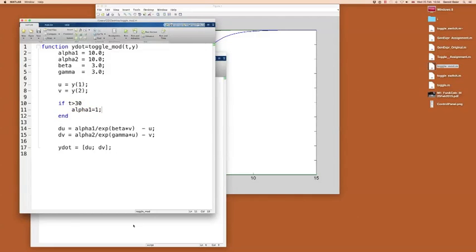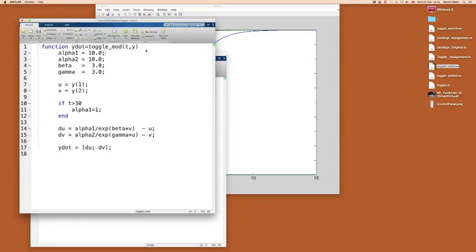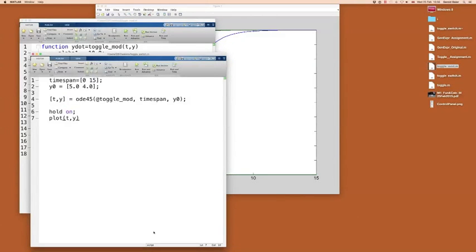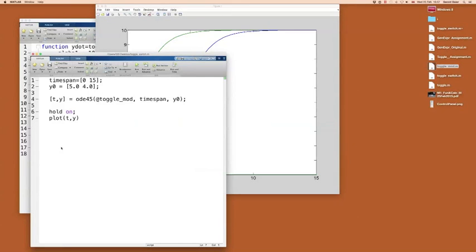And just for the fun of it, we can look at what will happen if we have this model changed. What will happen to our simulation? We'll just try to run it. I don't think it ran. I might be wrong. Didn't run.